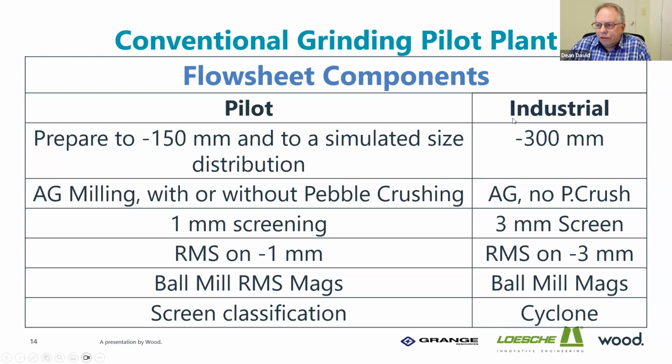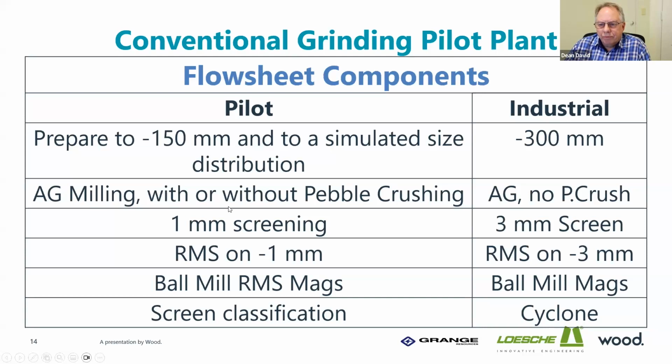Of course, in industry, primary crushers generate material that is minus 300, and we did have some core that was 150 millimeters diameter and maybe up to 200 millimeters long, but anything bigger wouldn't fit through the feed chute of the pilot AG mill.